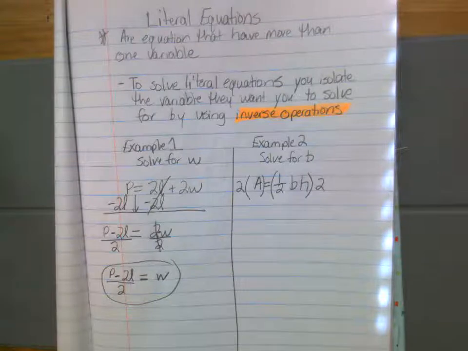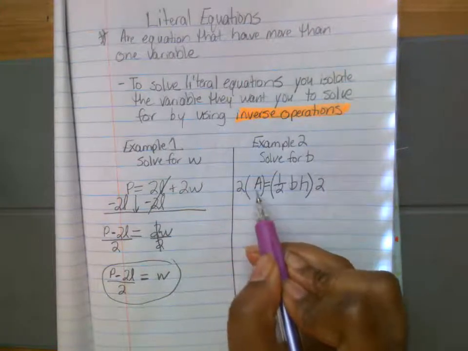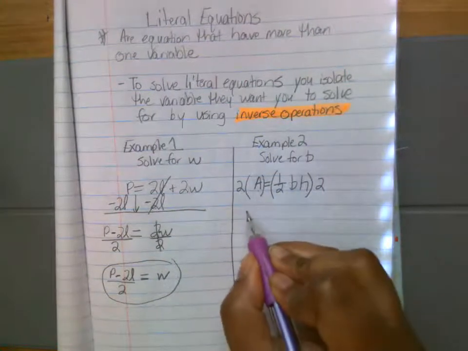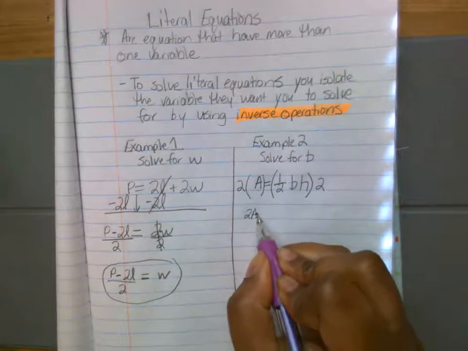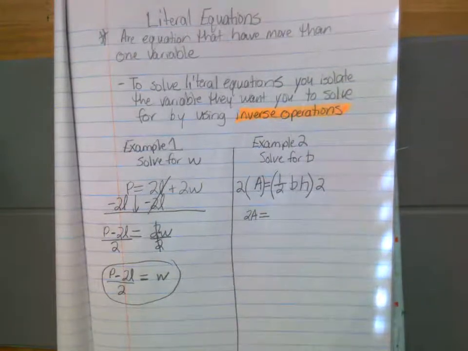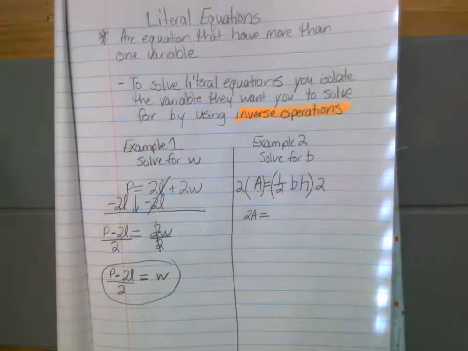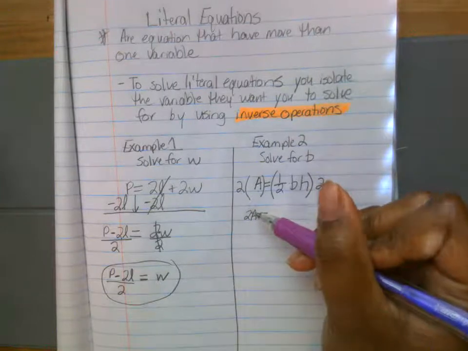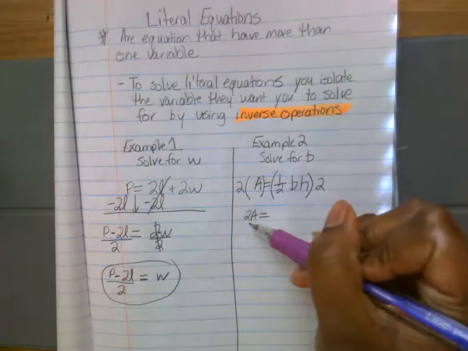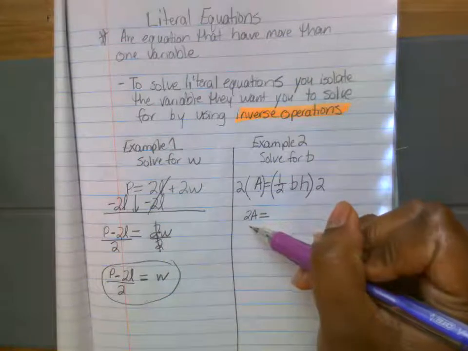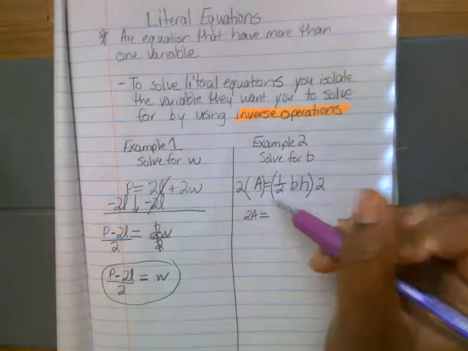Questions about that? When you multiply 2 times A, that gives you 2A. Do not forget that the number or the coefficient, it's customary to write that in front of the variable and not behind it.